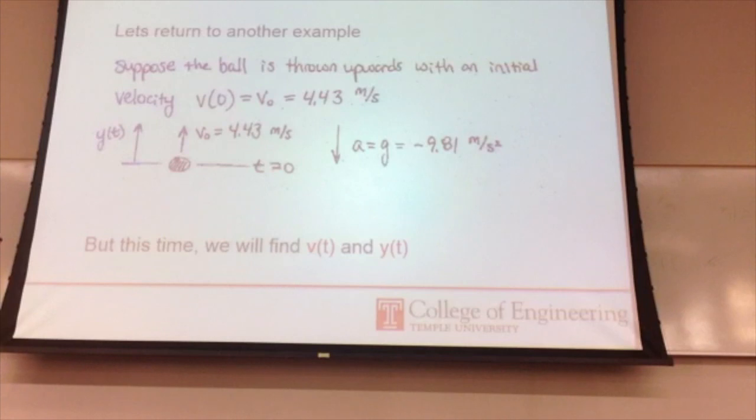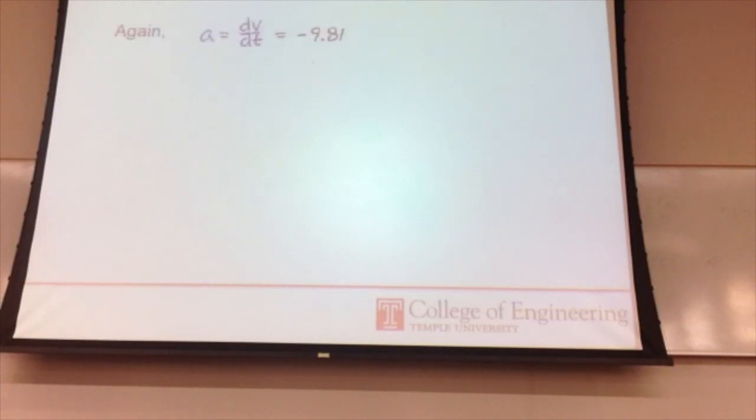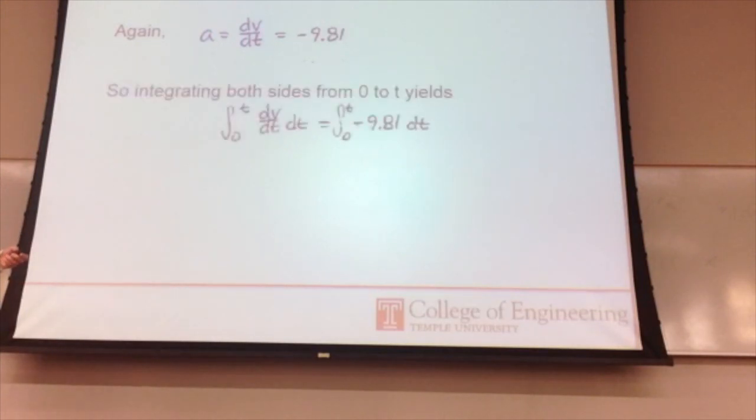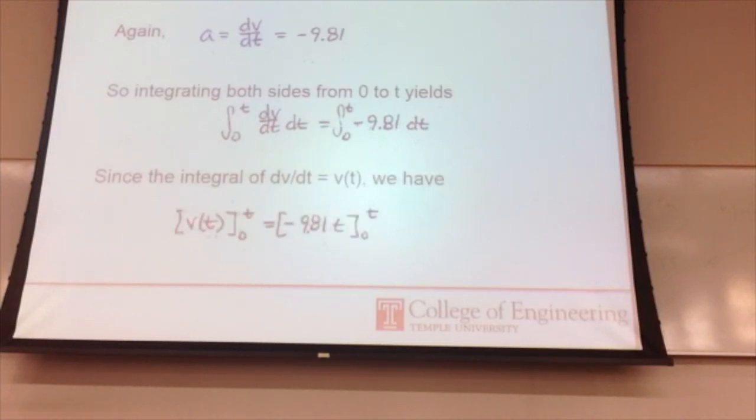So we go through the same process. The acceleration is equal to the change in velocity with respect to time, which is minus 9.81. We integrate both sides, and we come up with the same formulation we came up with in the previous example. It's the function of velocity with respect to time evaluated from 0 to t is equal to the integral of acceleration, which is minus 9.81 times t, evaluated from 0 to t.